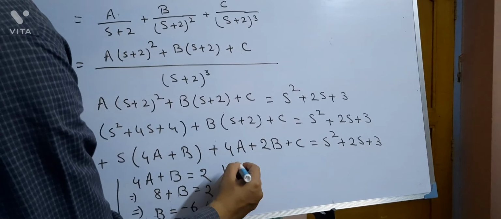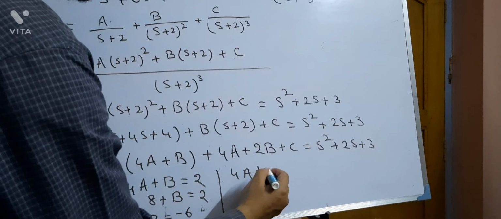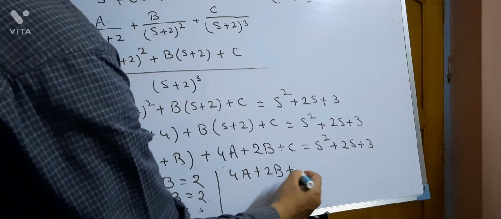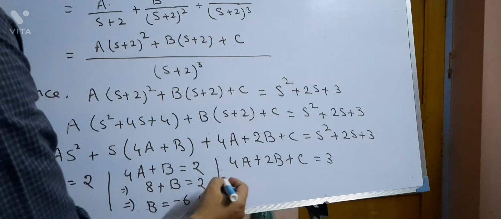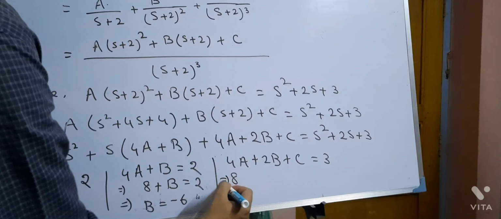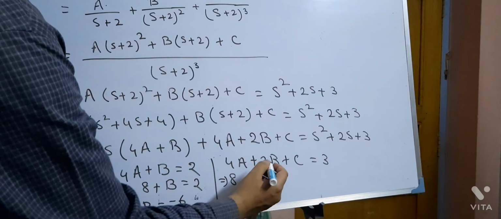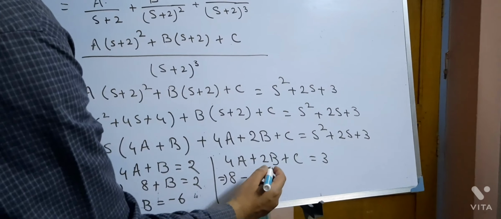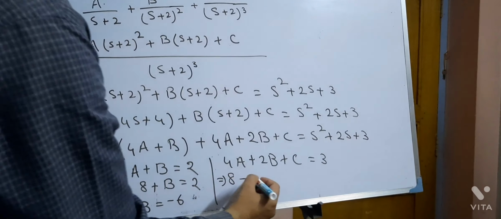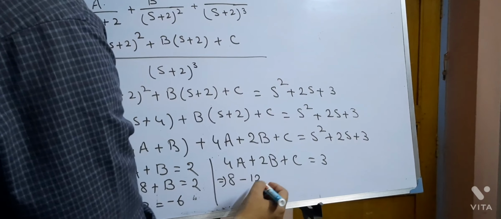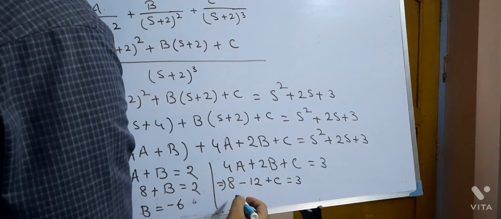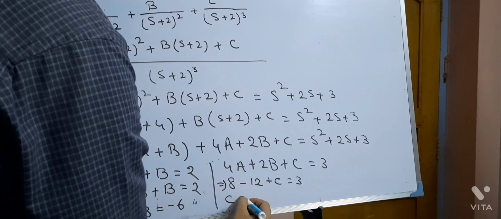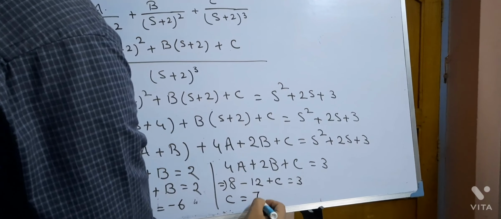Now 4A plus 2B plus C is equal to 3. Now replace 4A by 8 and 2B by minus 12, so 8 minus 12 plus C equal to 3, or C equal to 7.